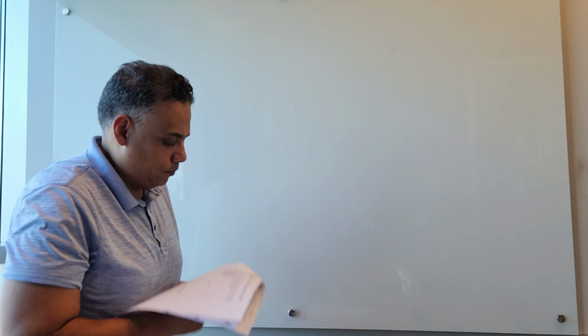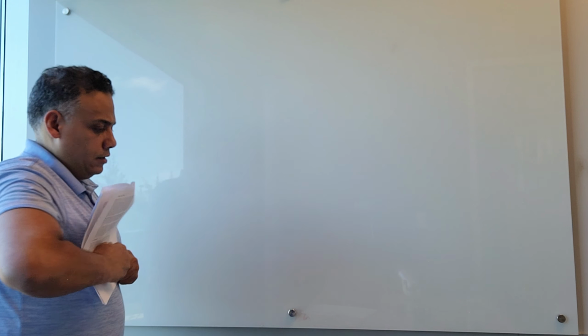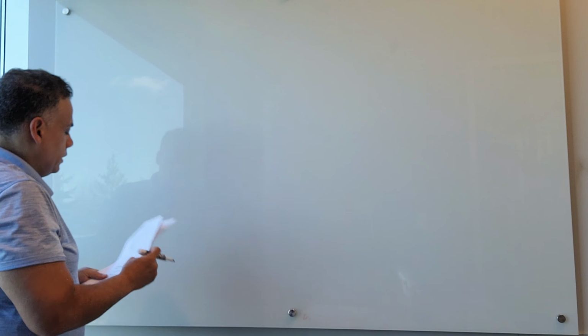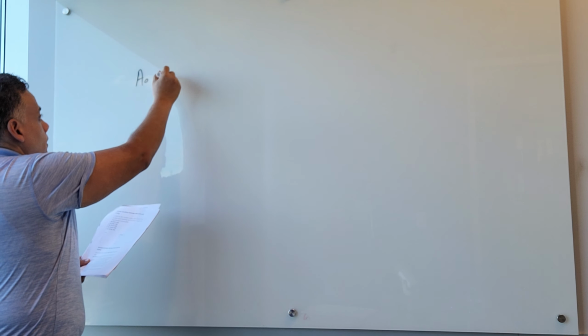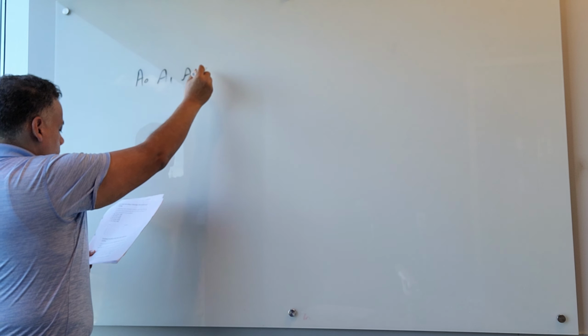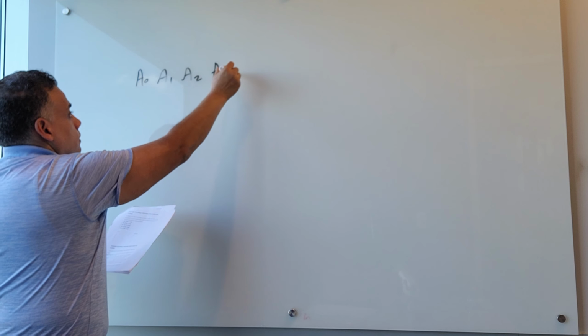Hello everyone. I wanted to explain the arithmetic coding process through an example. In that example, we have a probability distribution of a source represented by four symbols: A0, A1, A2, A3, or A4.